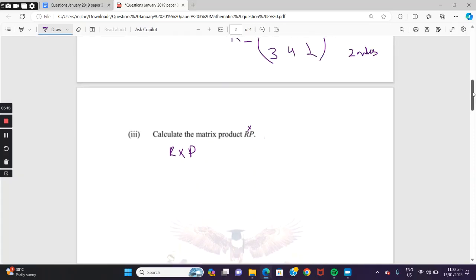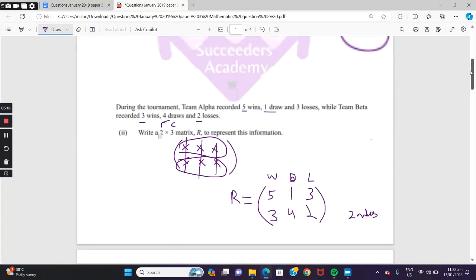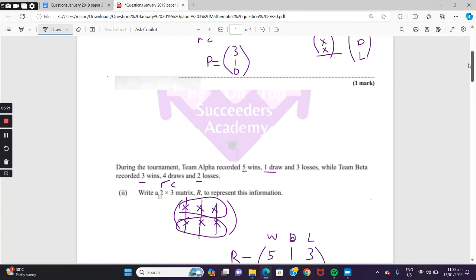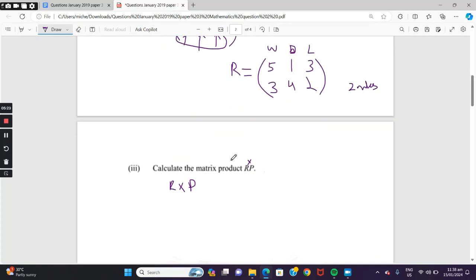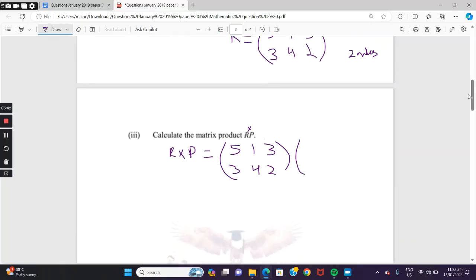So since those two letters represent two separate matrices, we will multiply them, which means you put matrix R first, which is 5, 1, 3, 3, 4, 2, followed by matrix P, which has the elements 3, 1, 0.